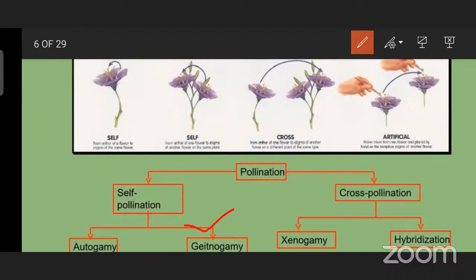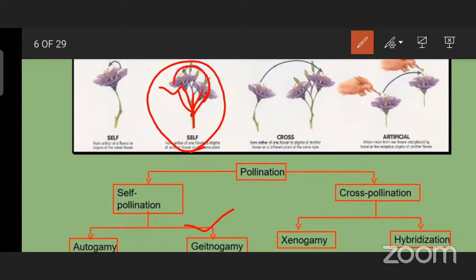So what is geitonogamy? See here, when the pollen grains of a flower are transferred to the stigma of another flower on the same mother plant, it is called geitonogamy. See here, this is one flower, this is another flower.